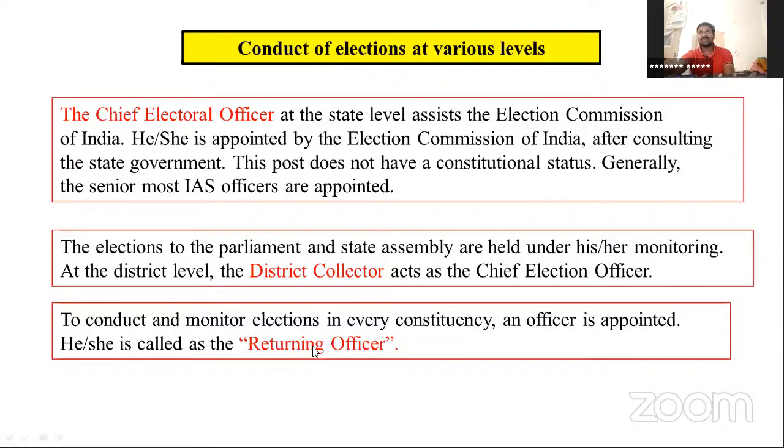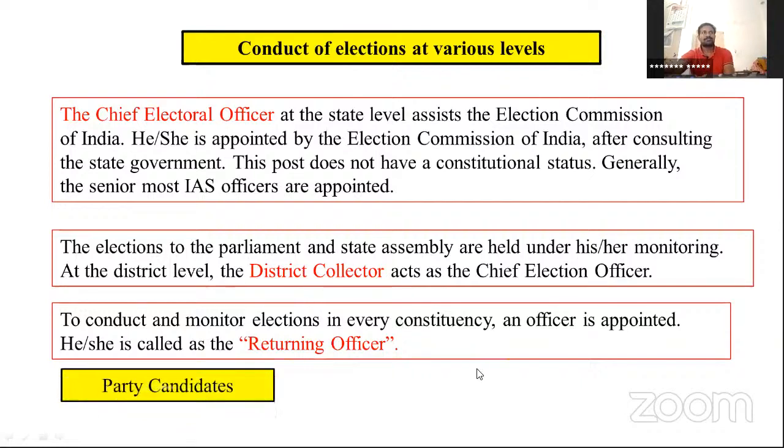Our Telangana state legislative assembly has 119 constituencies. Every constituency has an officer known as the returning officer. He has the responsibility to conduct the election. He is appointed by the Election Commission of India and the Election Commission of the State.